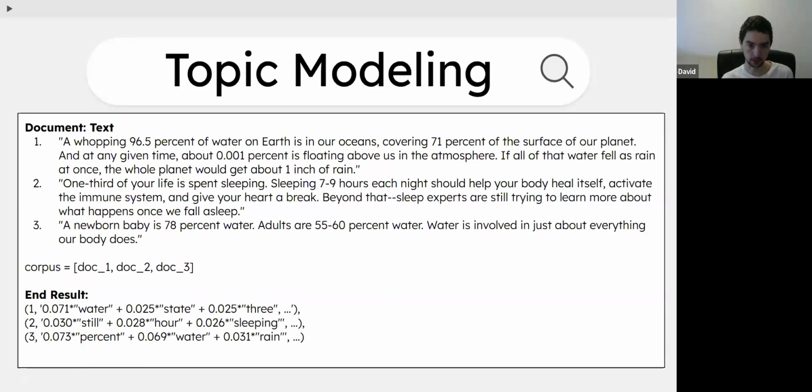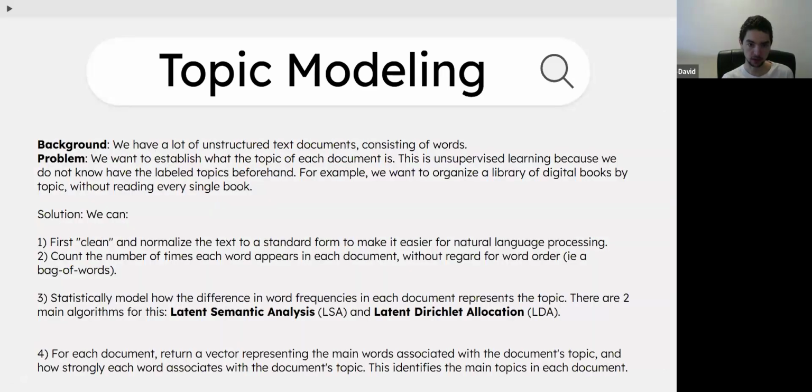There are two algorithms to do this. Latent semantic analysis, which more or less just uses one-hot encoding and then does dimensionality reduction, and latent Dirichlet allocation, which uses a Bayesian approach. So it starts with an initial guess and then improves it based on a certain formula.